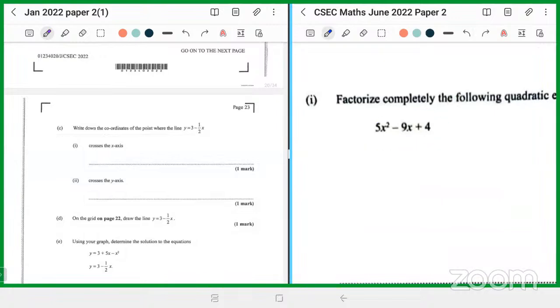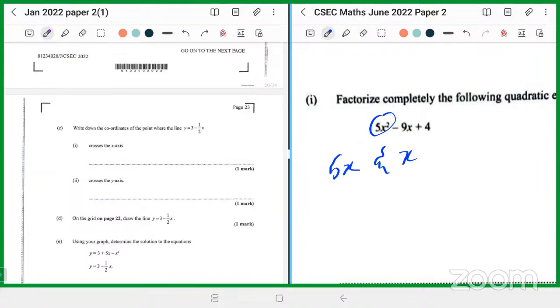Now, because this is a prime, I can actually factorize this quickly enough. I'm going to do it 2 ways for you. I'm going to use a quick method, and then I'm going to use the long method, the AC method. Now, the quick method you can usually use when one of the end values is prime. Because the only factors that 5x squared can have are 5x and x.